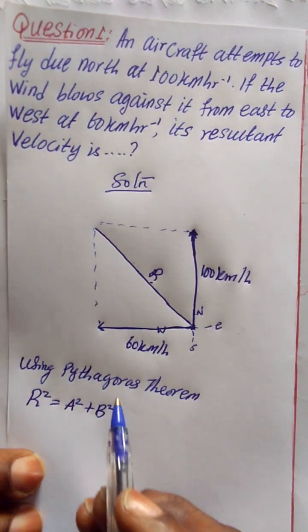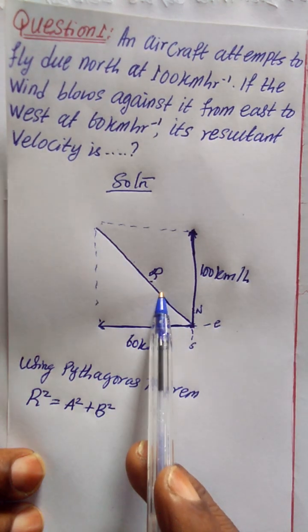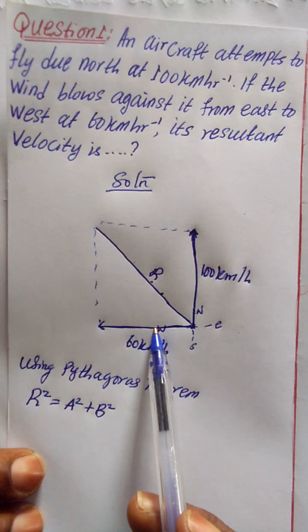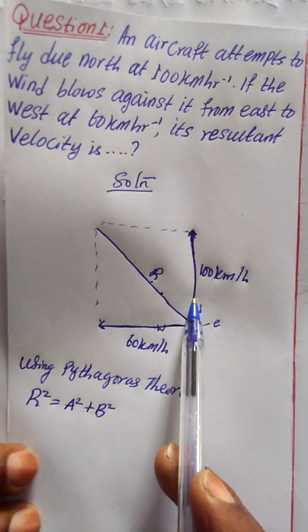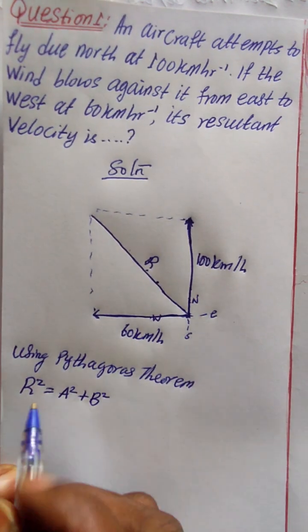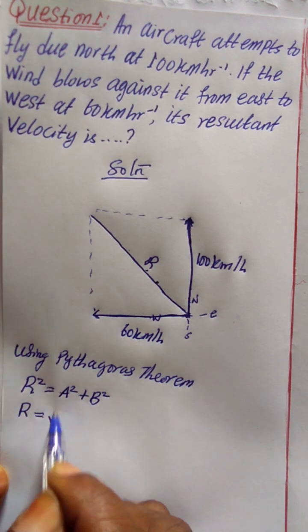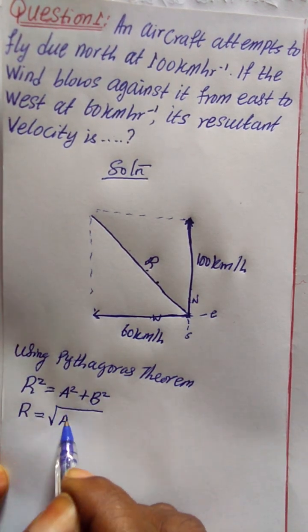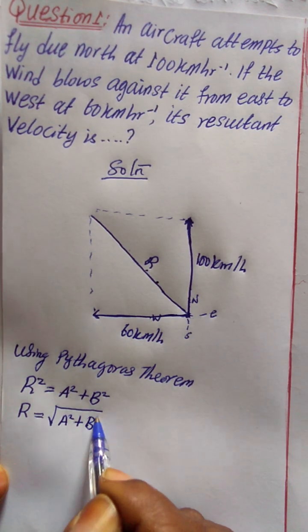The original law says that the square of the hypotenuse equals the square of the opposite plus the square of the adjacent. So now we interpret it based on the question we have here. That means the resultant vector R equals the square root of A squared plus B squared.